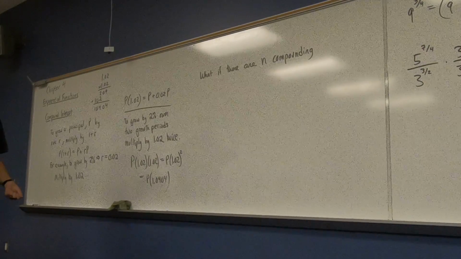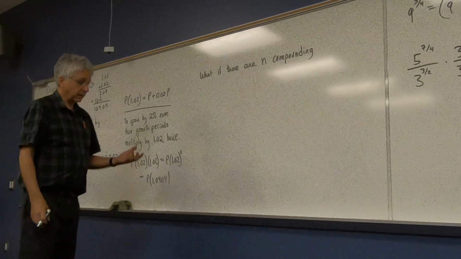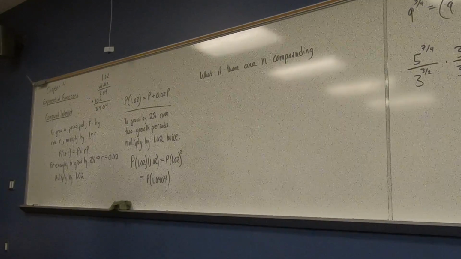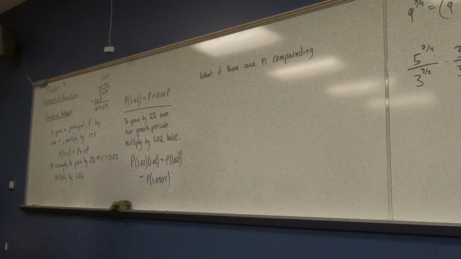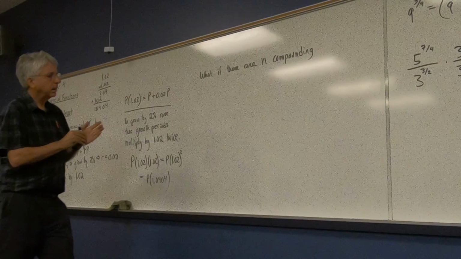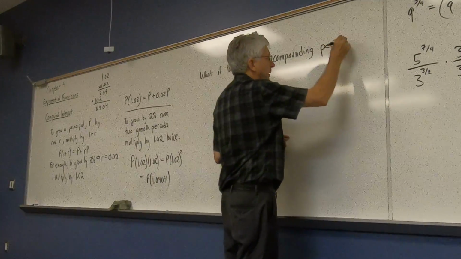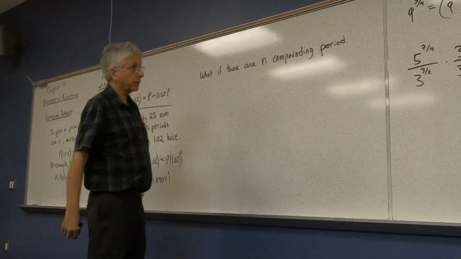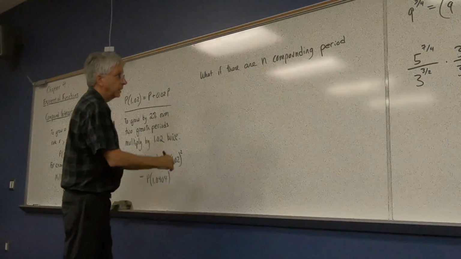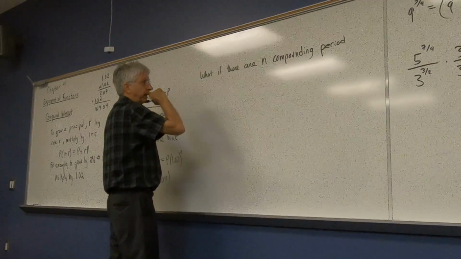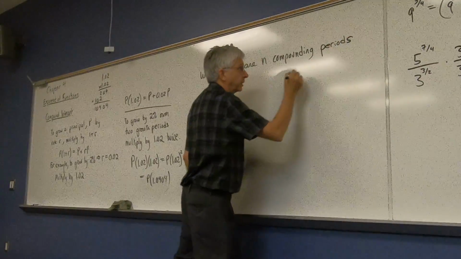But if you're a banker trying to sell a better product, then you say, I'm going to allow you to reinvest your money 4 times a year. Quarterly is what they call that, or n times a year in general. So what if there are n compounding periods per year?